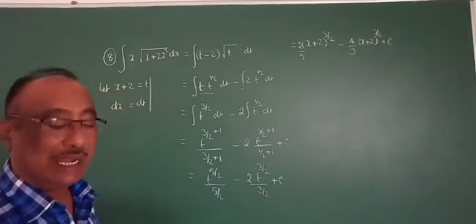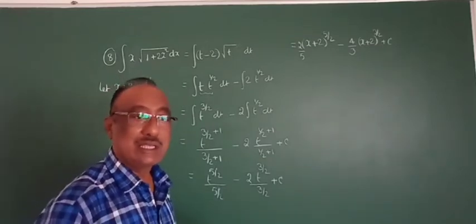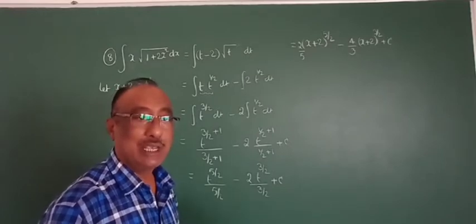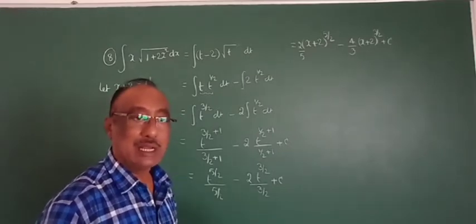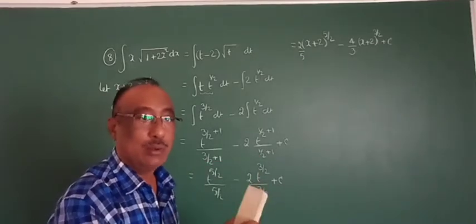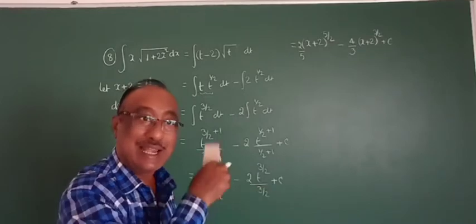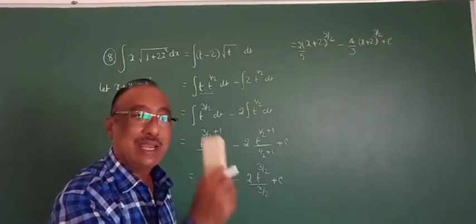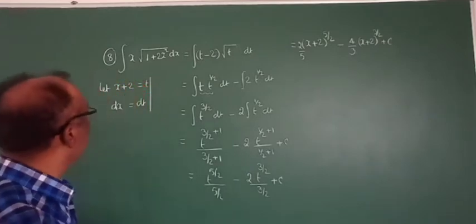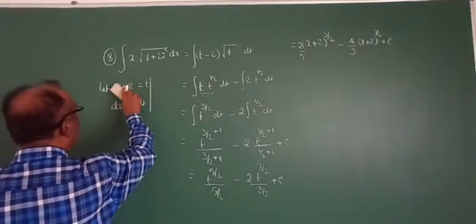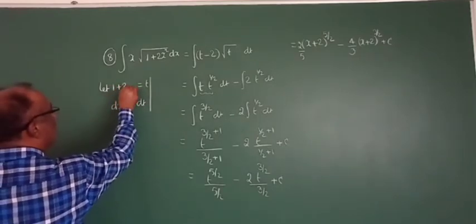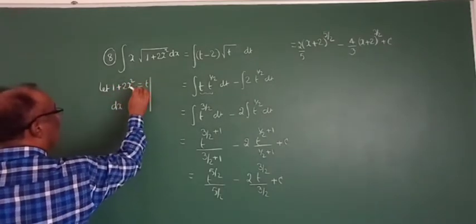The root function is the greatest, the non-root function is simple, but there is no integration formula for multiplication. That's why we let the root function be the greatest function. The root of 1 plus 2x square is greater than x, so the greatest function we let be t and simplify. First, let 1 plus 2x square is equal to t.